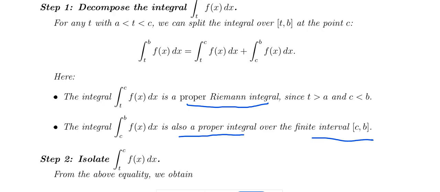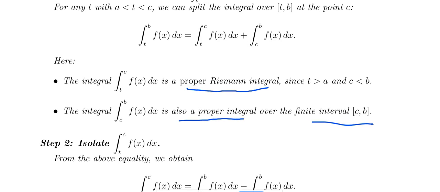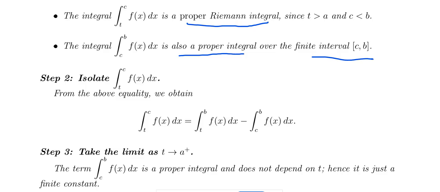So the integral t to c f of x dx equals integral t to b f of x dx minus integral c to b f of x dx. This is a finite interval, so the proper integral exists.